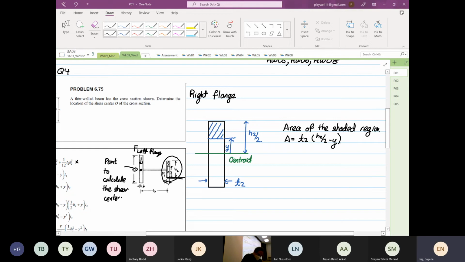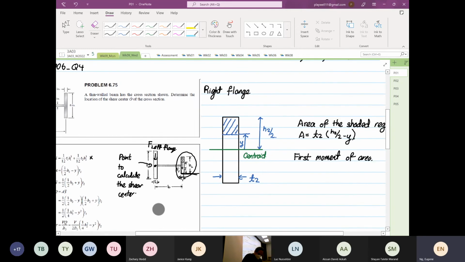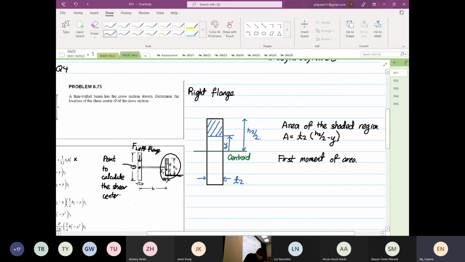Then we are going to find our first moment of area. If we call the axis over here X, and this Y, or let's use the normal form because it's a cross section, I'm going to call this Qz.